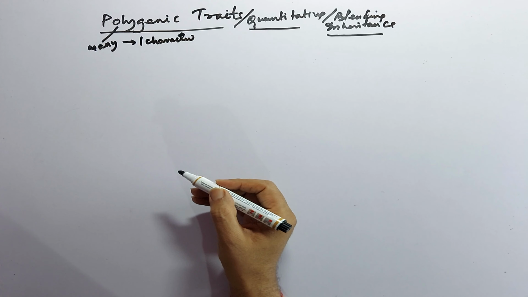Normally there are 4 alleles. Out of the 4 alleles, if any 2 alleles are dominant, then the character is medium color.